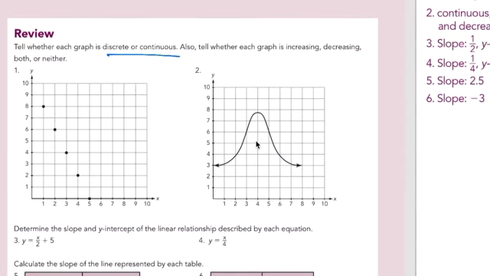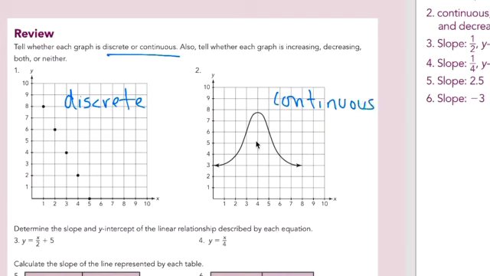Discrete or continuous. Tell whether each graph is increasing, decreasing, or constant, left to right. This is decreasing. Write your name. It's decreasing. It is discrete. This is continuous.